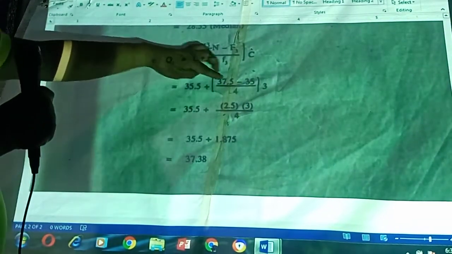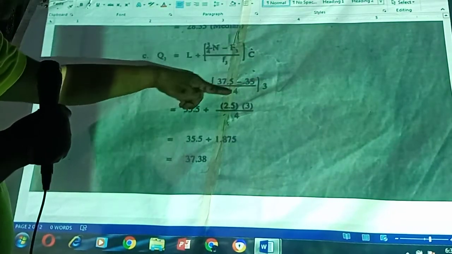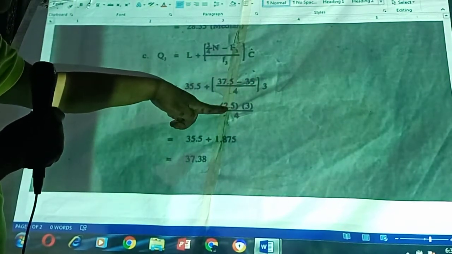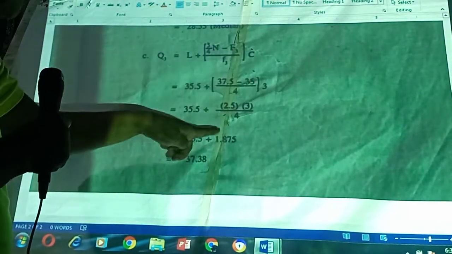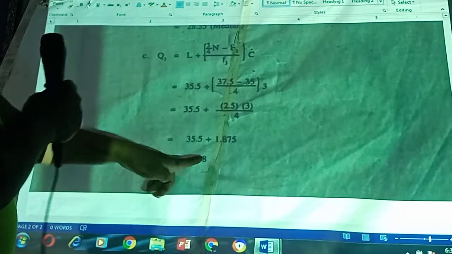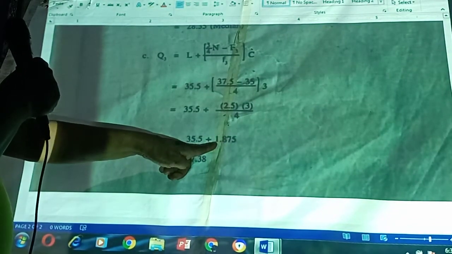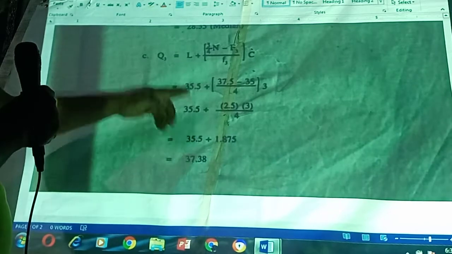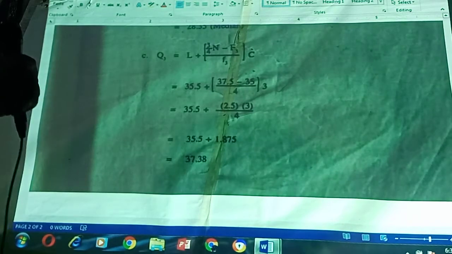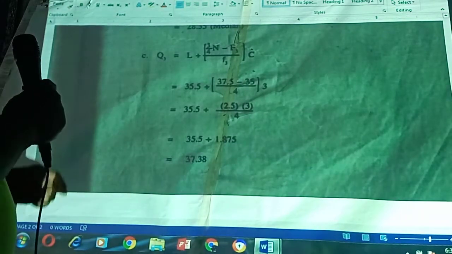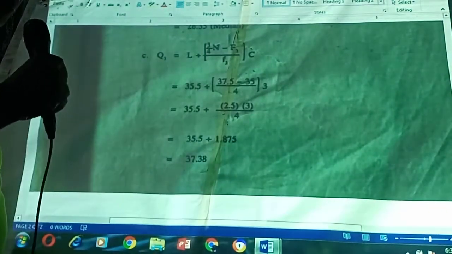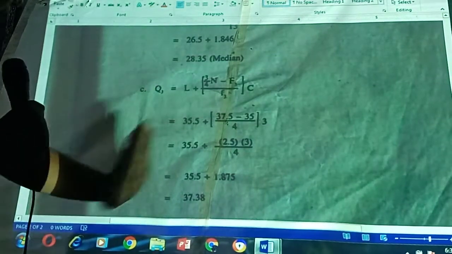So 37.5 minus 35 is 2.5, times 3, divided by 4, and we obtain 1.875. Then bring down the lower class boundary, 35.5, plus 1.875, so the answer is 37.38. The lower class boundary is the lower limit minus 0.5, and the higher class boundary is the upper limit plus 0.5. From our lesson, it is always the lower class boundary.